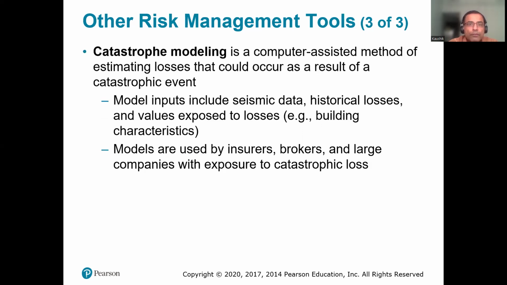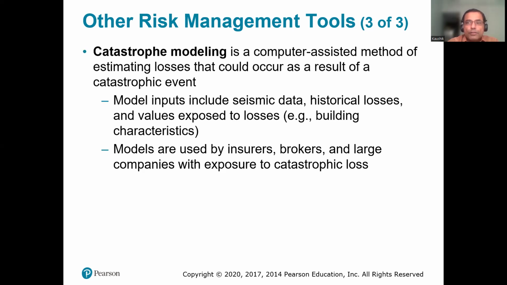And finally, we have catastrophe modeling. If you remember, a catastrophic event means a large number of customers face losses. Generally, in case of insurance, we assume that if 100 people are going for insurance cover, maybe 5 of them will face losses.